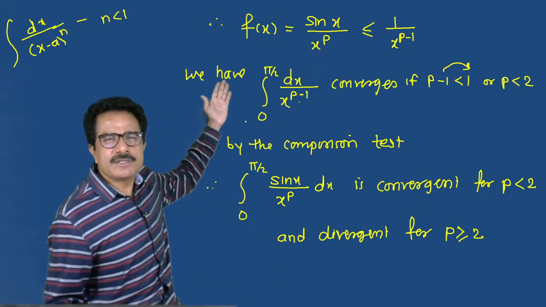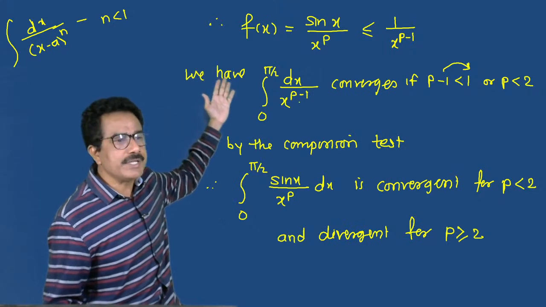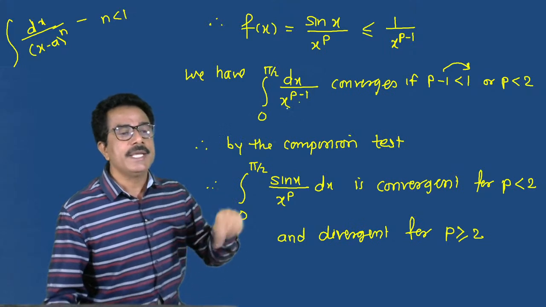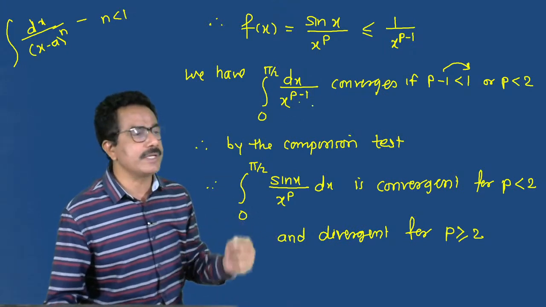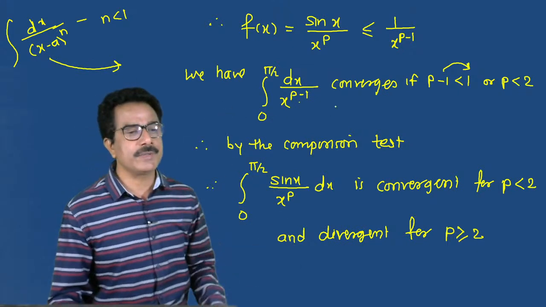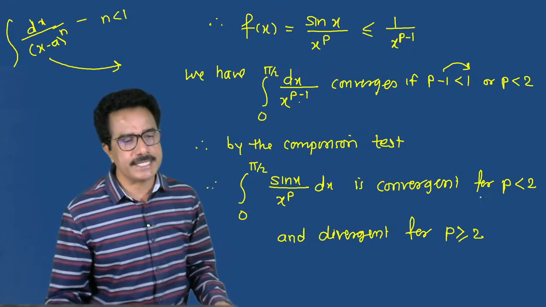By using this theorem, by using that condition, we can write integral from 0 to pi by 2 dx divided by x raised to p minus 1 converges by using this. हा theorem वापरला इथं. By using this we can say that converges if p is less than 2.